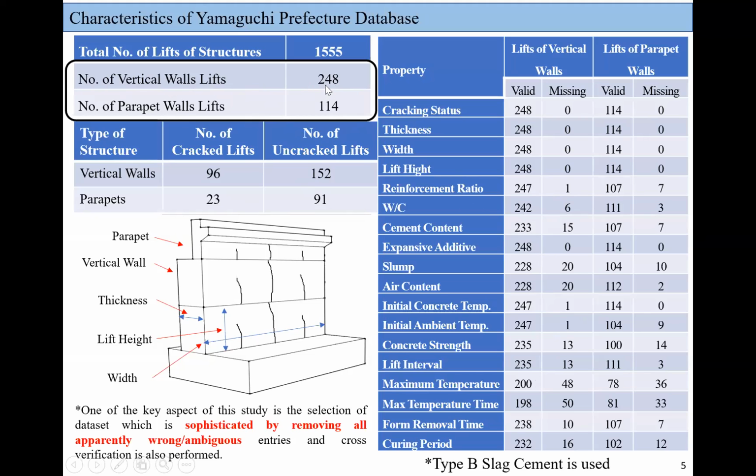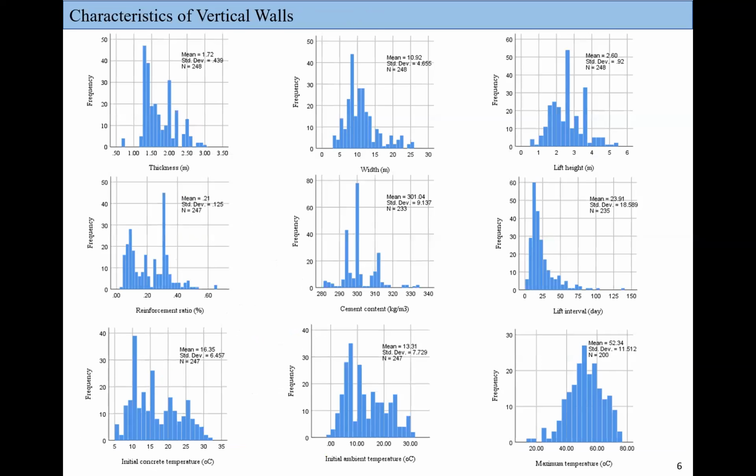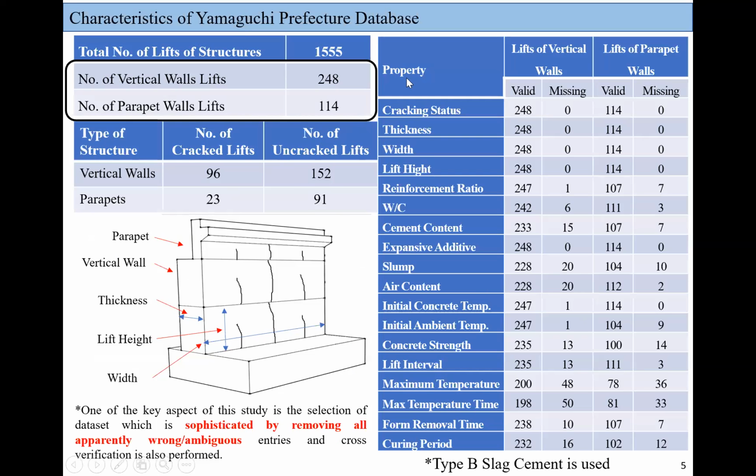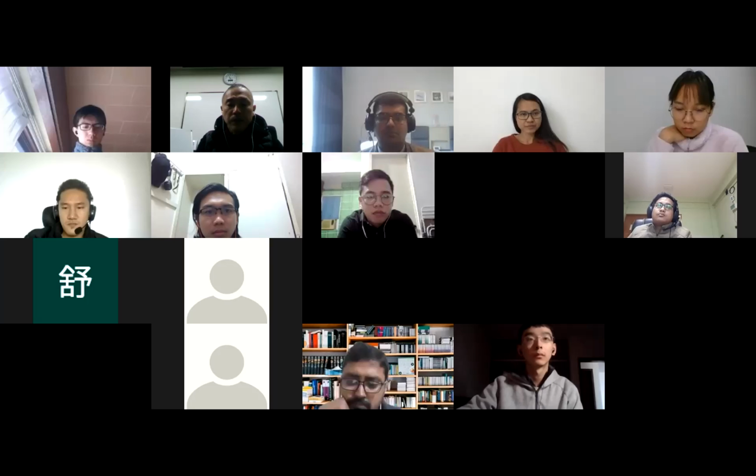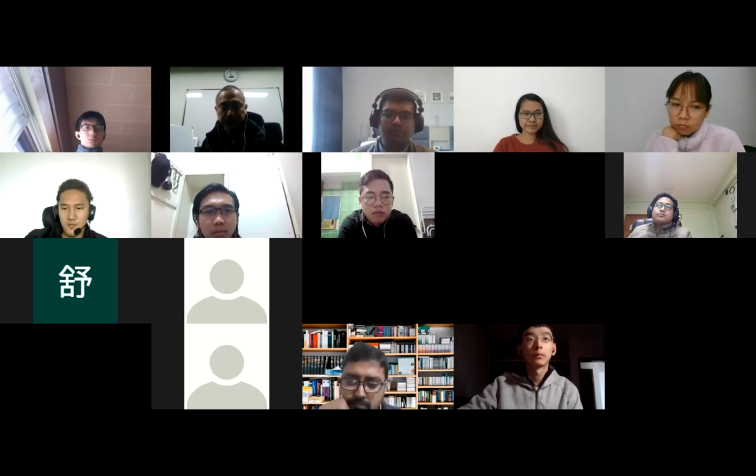Honestly, 200 or so is not a large number for machine learning, so it was not easy to establish a good model using only 200 or 250 data. That was his effort and struggle. Any other question?